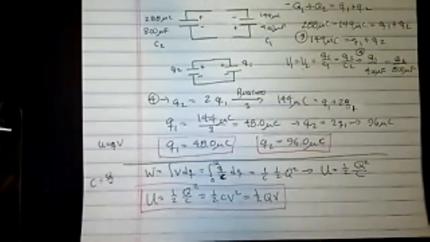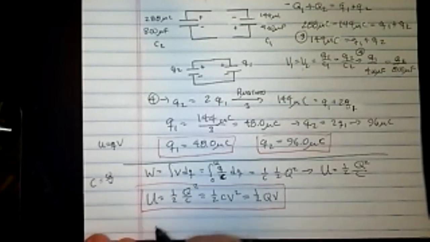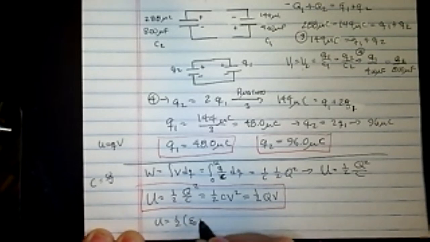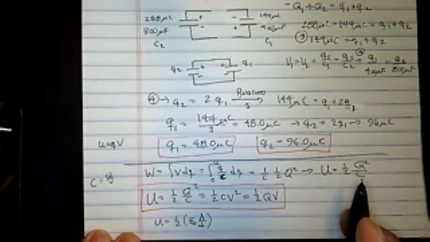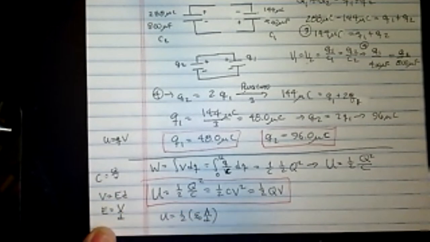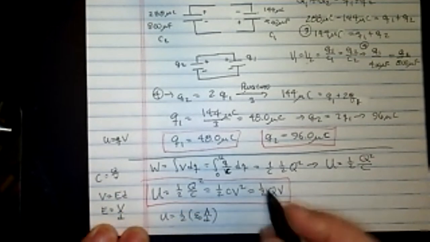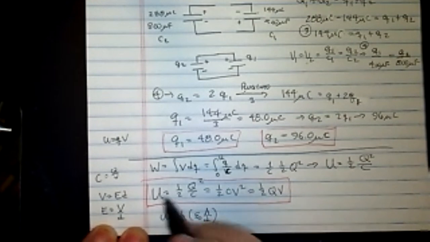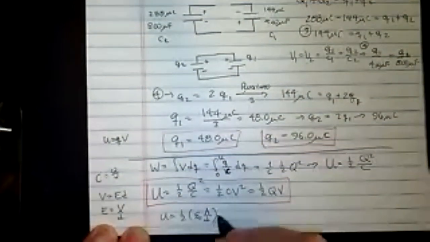So I'm going to take a second and give you that. So let's do U in a capacitor. So 1/2 CV squared, I'm going to say 1/2. The capacitance we learned was epsilon 0 A over D, right? We also learned that E is equal to V over D, or more specifically, V equals E times D. So I can now replace that V right there with ED.